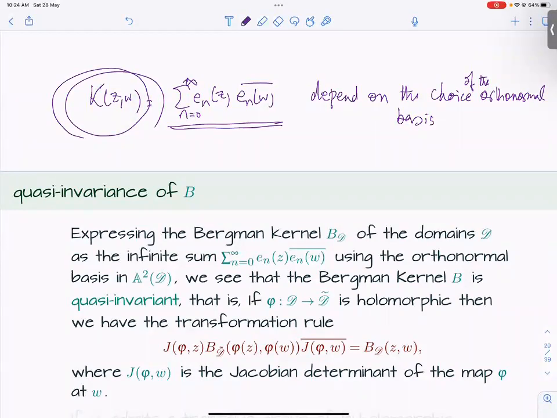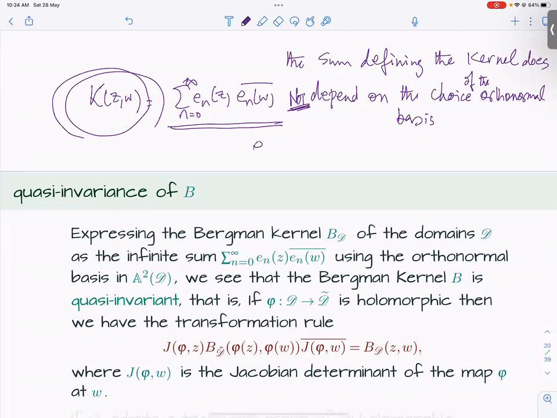But fortunately for us, this sum defining the kernel does not depend on the choice of the orthonormal basis.